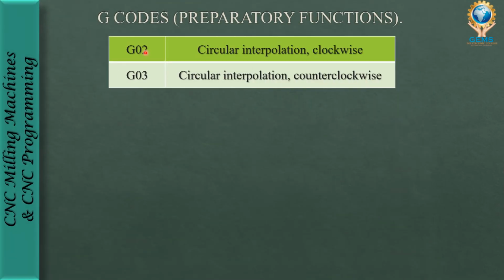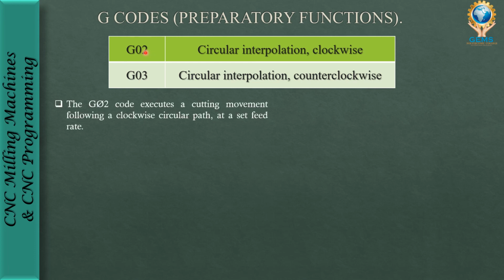Now G02 and G03: circular interpolation clockwise and circular interpolation counterclockwise. G02 code executes a cutting movement following a clockwise circular path at a set feed rate. In the previous one, G01, the tool moves in linear interpolation, a straight line motion. But if you use G02 or G03, it will use circular interpolation, a circular or radial movement.